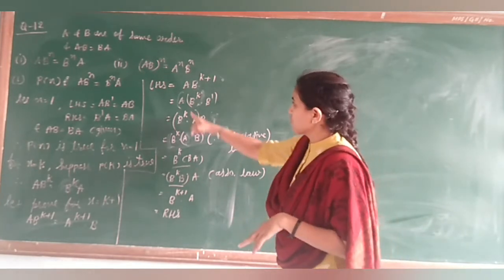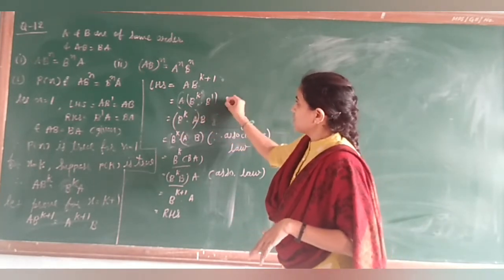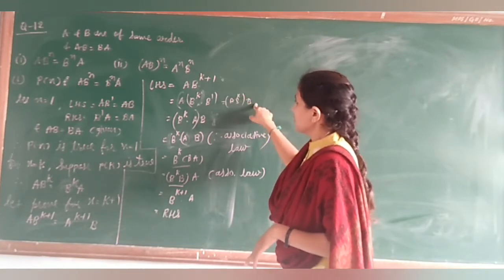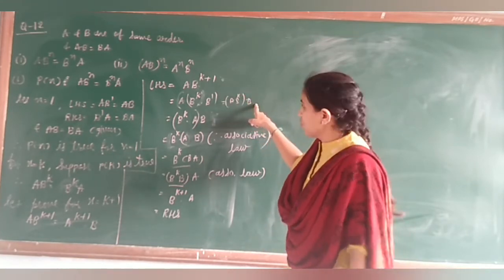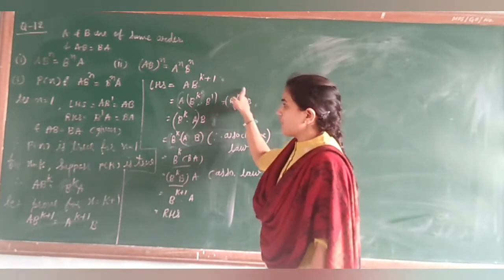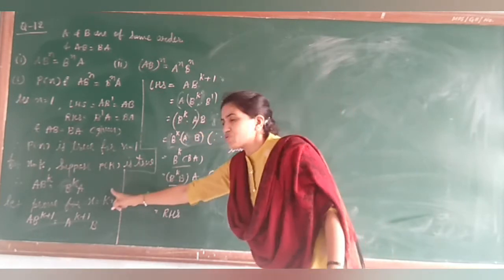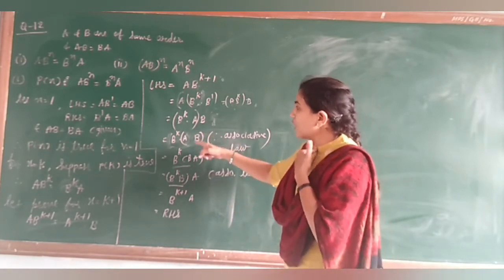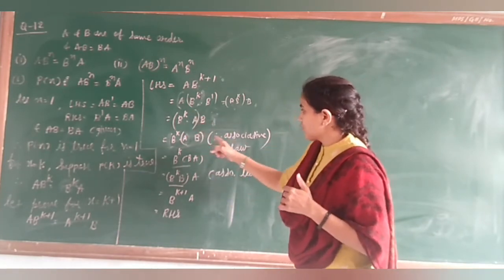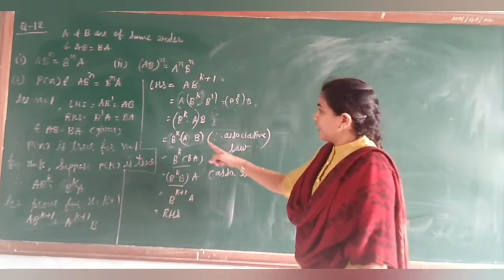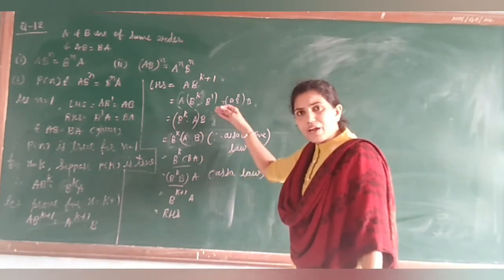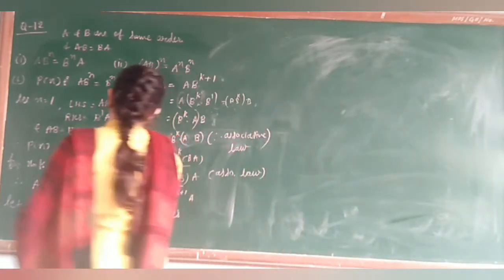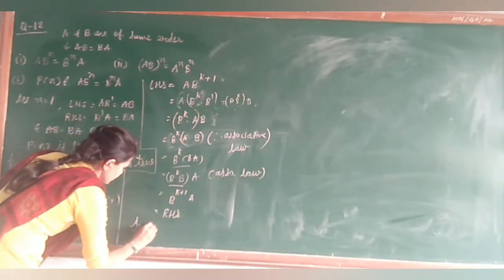It is an associative law, so we apply it. After this, ab raised to k is b raised to k into a, it is from Pk. Again the associative law, and ab is equal to ba is applied. So the first one is true, hence true.